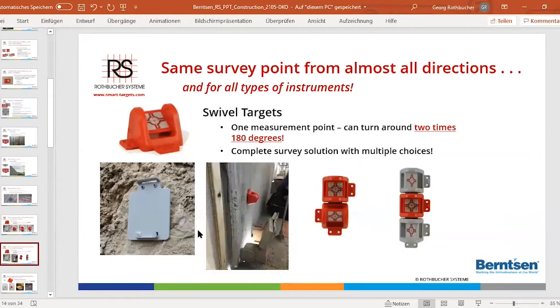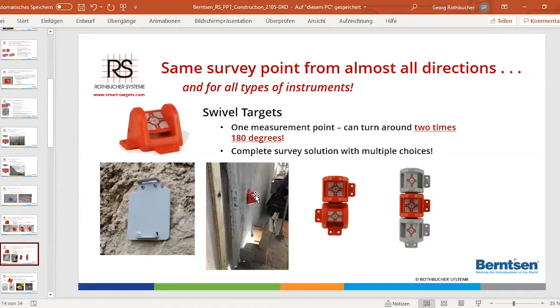Also, an awesome system to transfer reference points and XYZ coordinates from one floor to the next. Because from time to time on a construction we have a hole or we have the elevator shaft. So you click in a prism or the target reflector and you can measure from down up to the point.